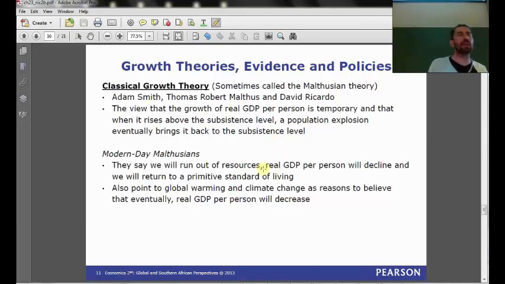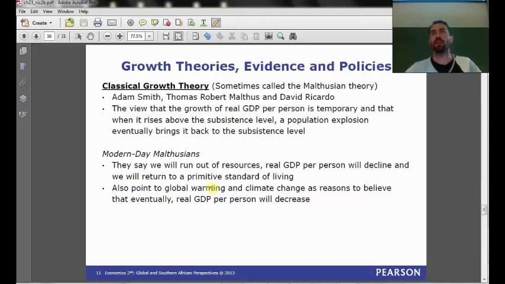So any increase in growth leads to an increase in population, and that increase in population then leads to a decline, and we return to primitive standards of living. So the modern story would be something like, well, we have global warming, we have limited oil stocks, the planet cannot cope with as many people as we have.